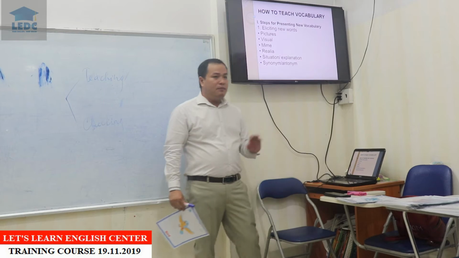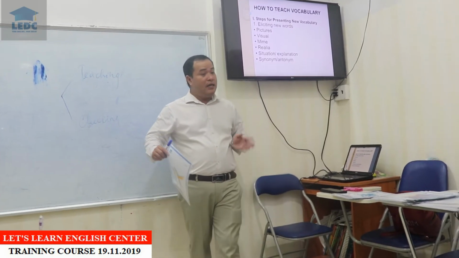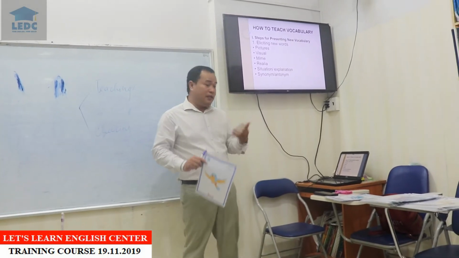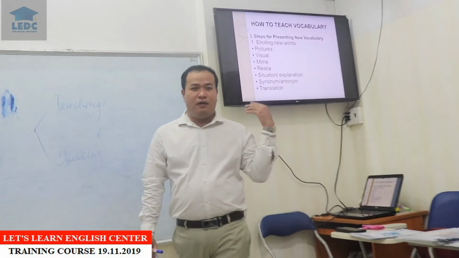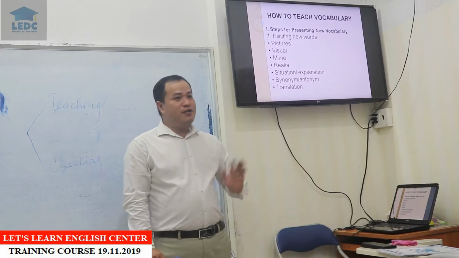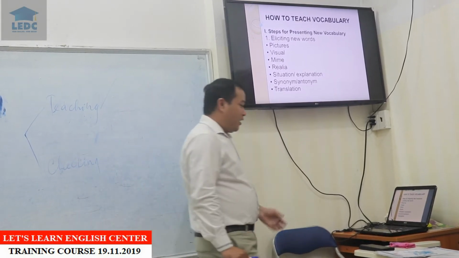You can use synonyms or antonyms. Okay, long. What is the antonym of long? They will know short, and you continue. And you can use translation just for Vietnamese. But if you are a foreign teacher, you should use this one because you don't know their mother tongue, all right?